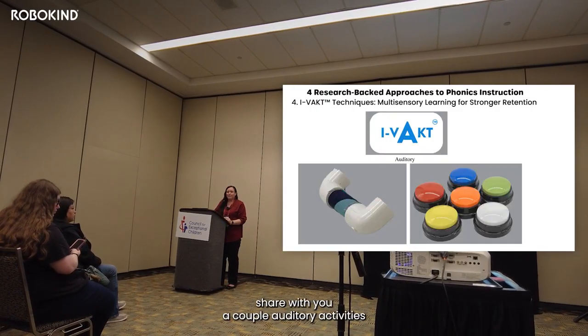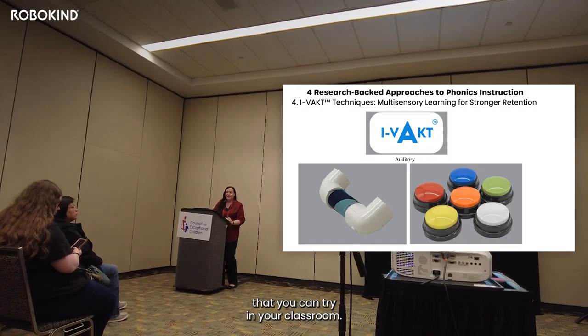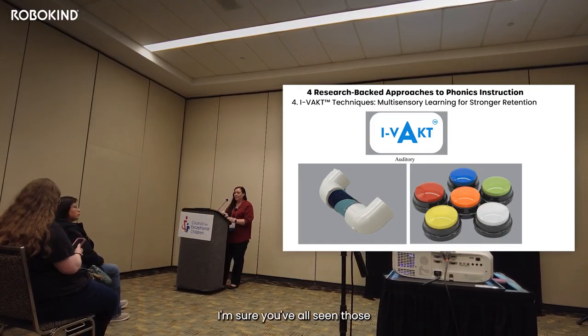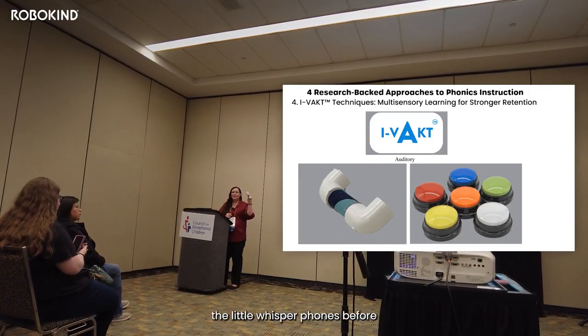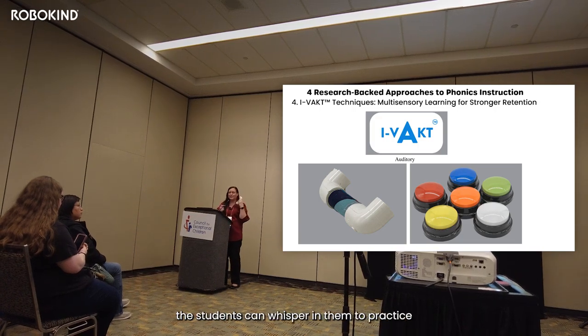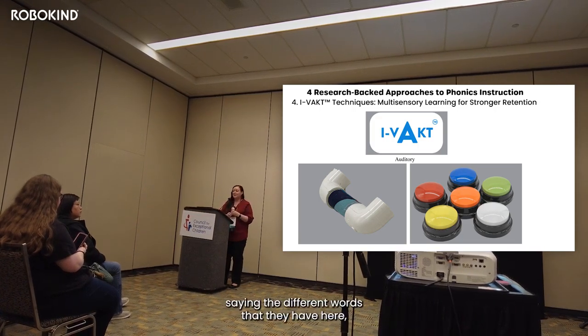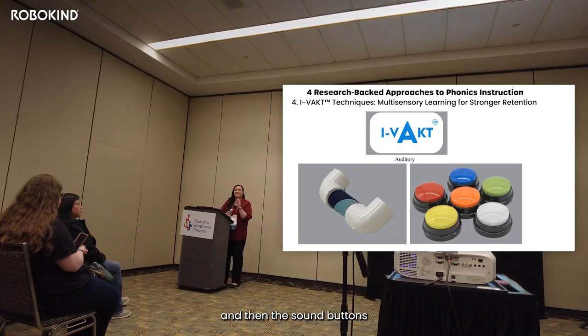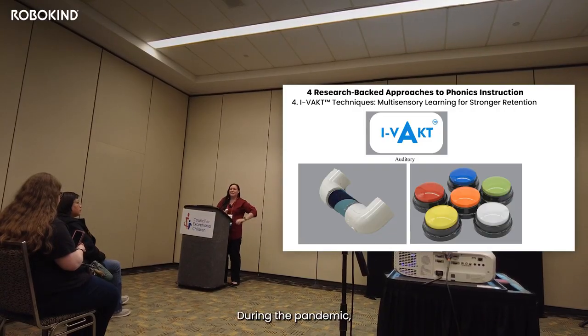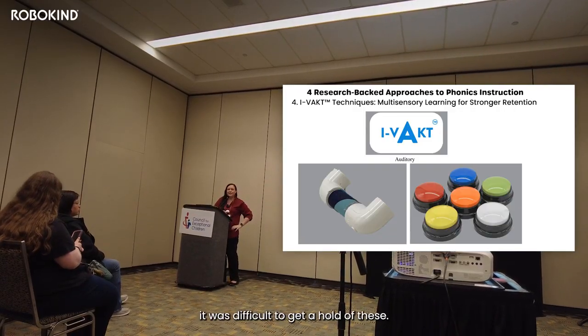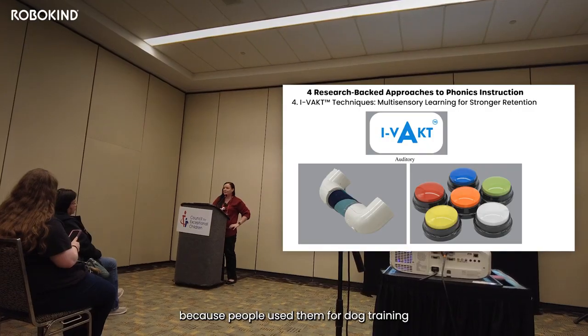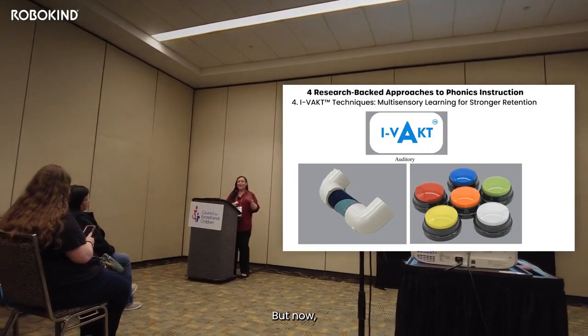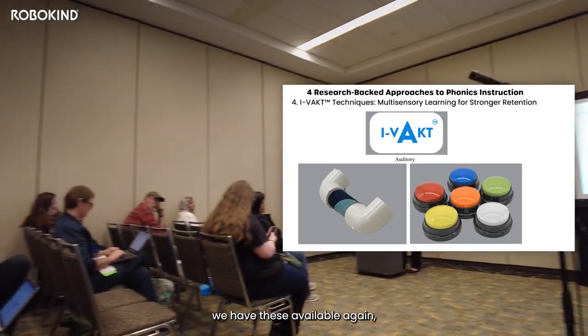Let me share with you a couple of auditory activities that you can try in your classroom. I'm sure you've all seen whisper phones before, so the students can whisper and practice saying the different words they have here. And then the sound buttons. During the pandemic, it was difficult to get a hold of these because people use them for dog training too. But now we have these available again.